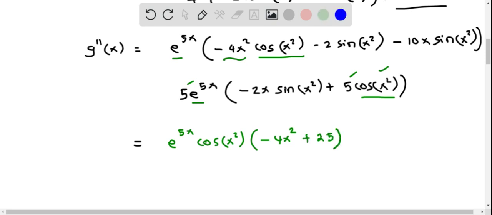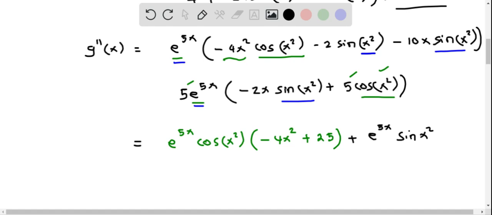And similarly, now I'm going to factor e power 5x and sine x squared. When I do that, from these two terms, this is e power 5x times sine x squared. We have one more sine x squared, so we can also factor from this sine x squared.